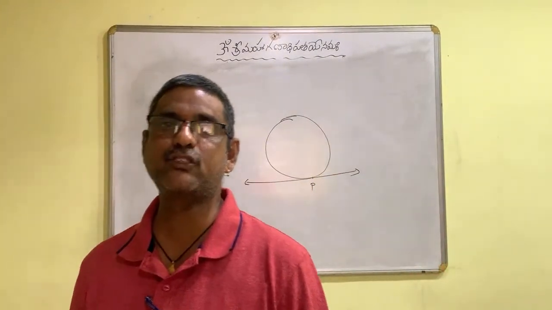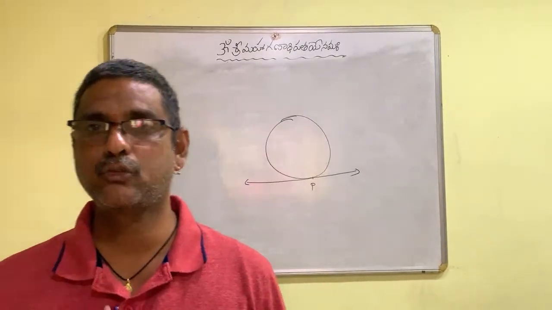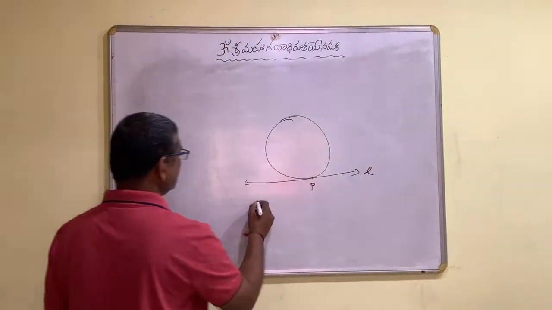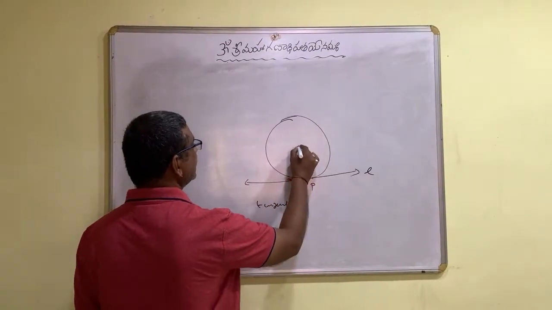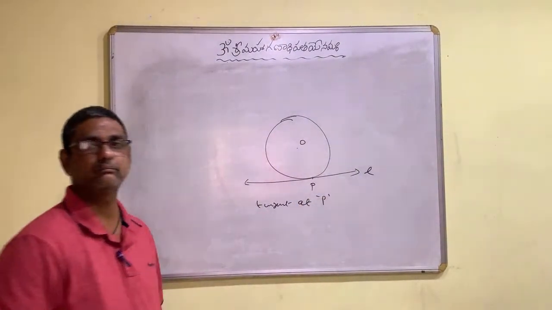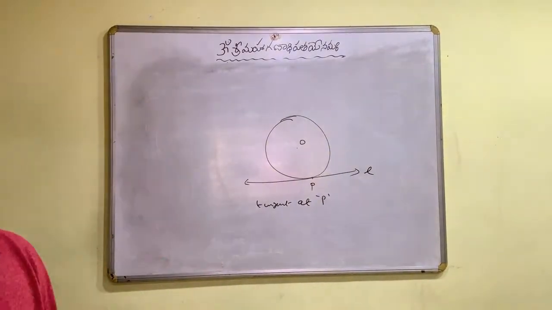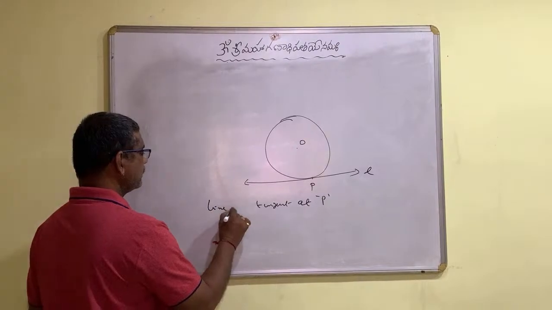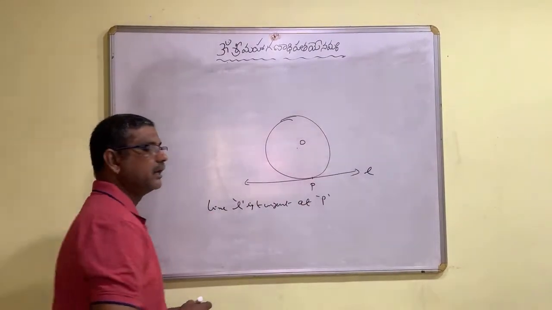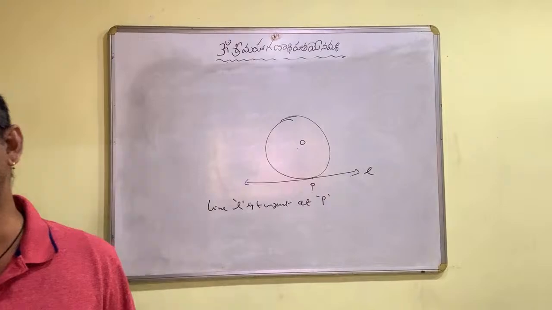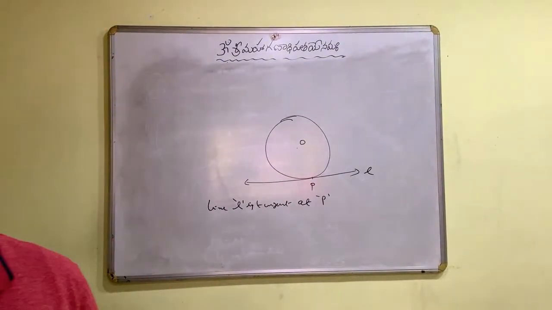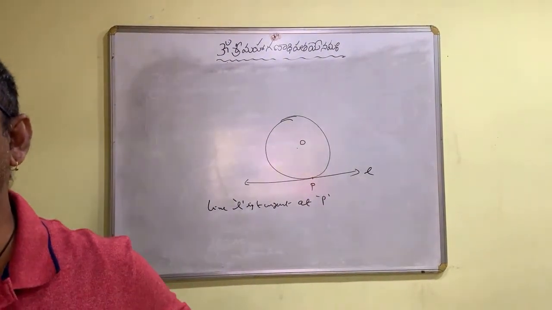Okay? If it happens so, then we can say that line L is a tangent to the circle with the center O at P. P is the only common point.